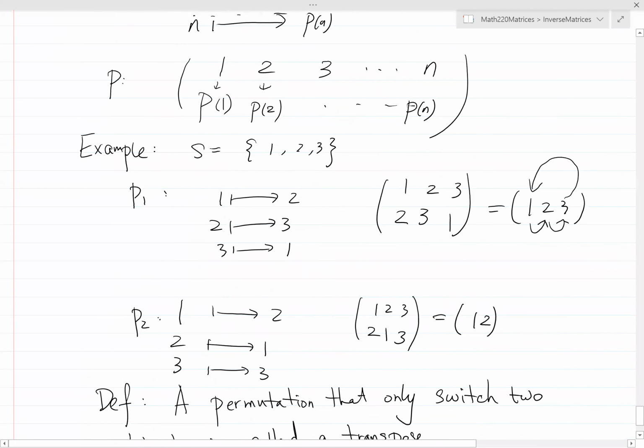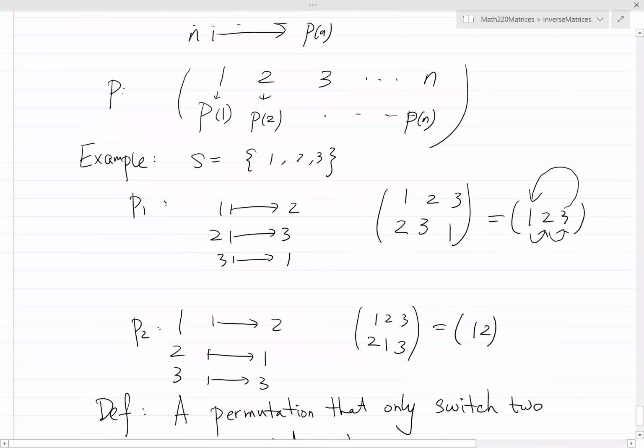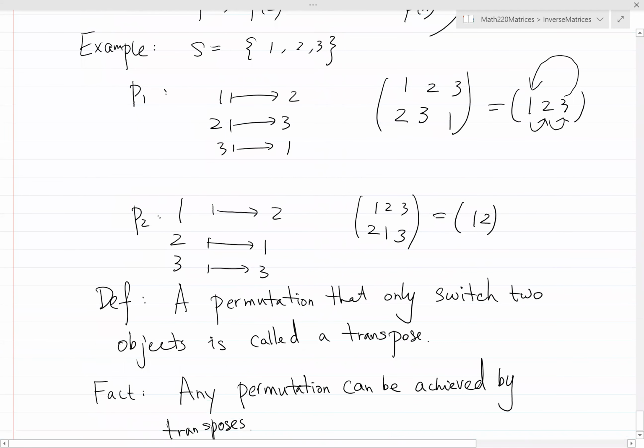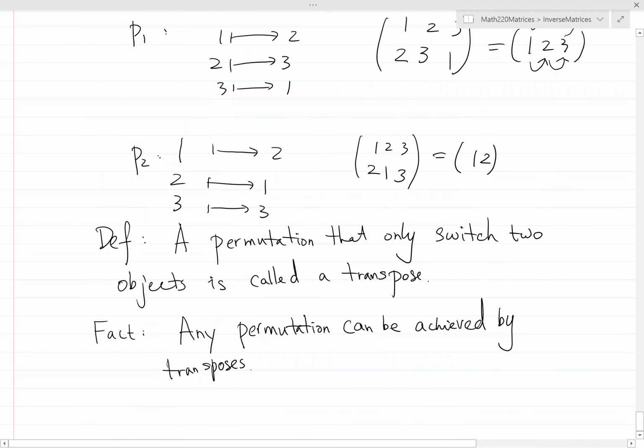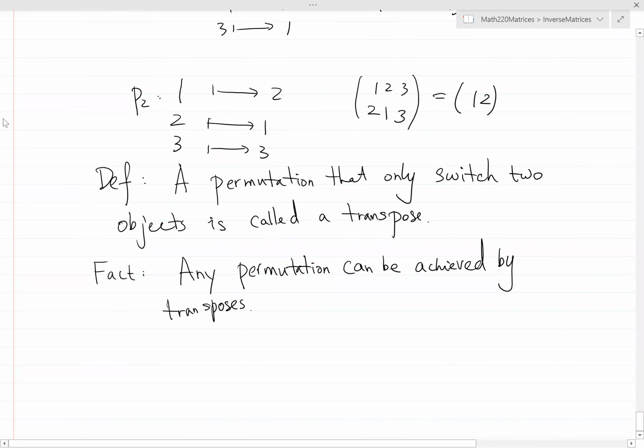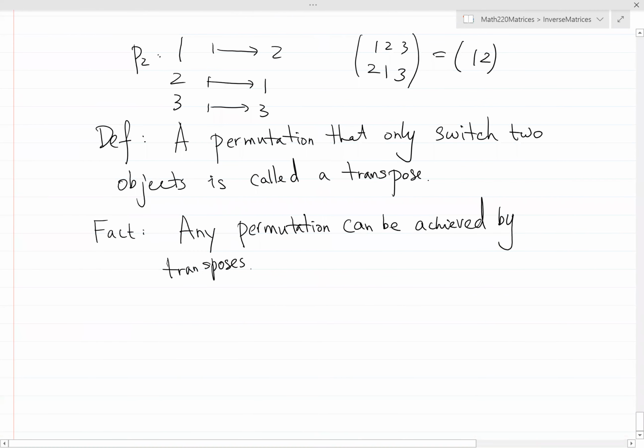We can give several examples of a bijection. And how do we write this in terms of cycle notation? If we have a special permutation which switches only two objects, this is called a transposition.